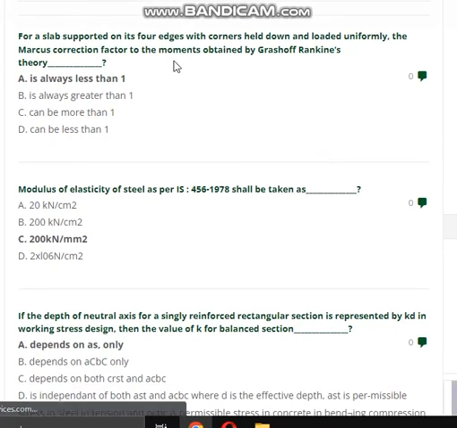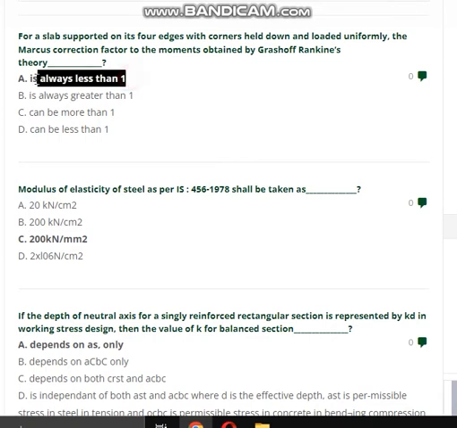For a slab supported on its four edges, with corners held down and loaded uniformly, the Marcus correction factor to the moment obtained by Grashof-Rankine theory is always less than 1.